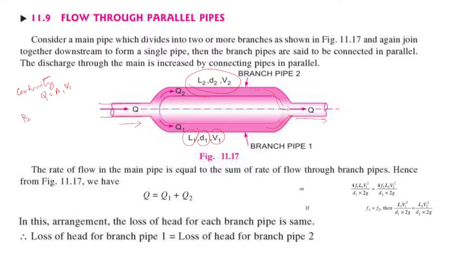Then make sure whether any datum line is playing a major role. If it is, then Bernoulli's theorem or equation will come into the picture. And the third one is the losses. If there is a sudden expansion, or some f value or mu value is given, make sure some sort of losses are involved. These are the key points you have to look into in this unit.